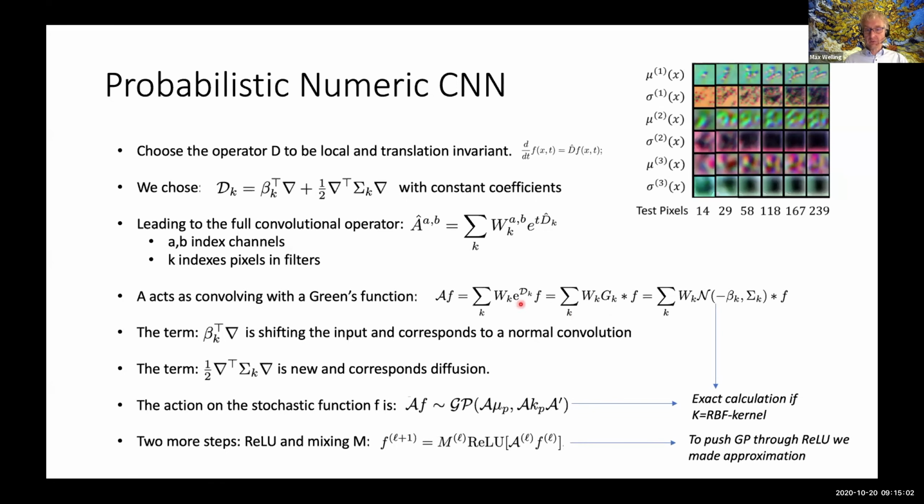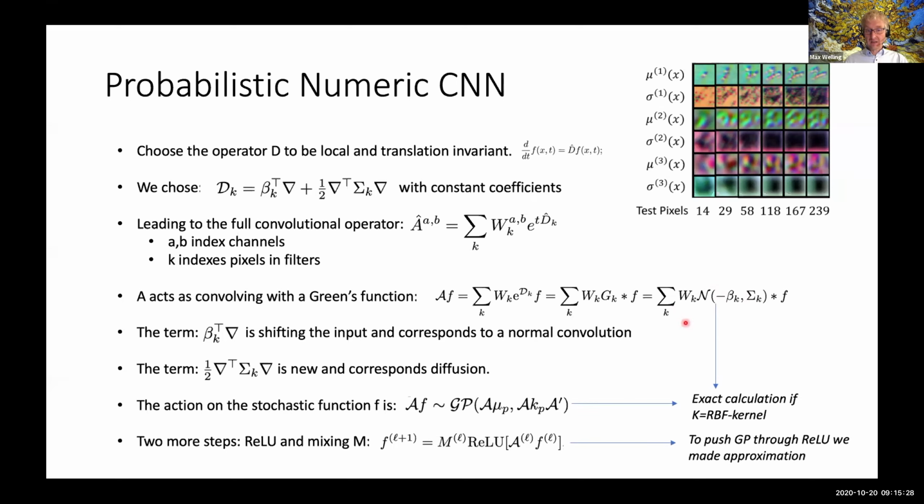And it basically boils down to first computing this Green's function g, which for this operator is actually known. This is just a Gaussian operator with a shift beta and a covariance sigma. Right, and then we sum over these k indices, which are the different offsets and sigmas, and then we take this as our kernel with which we convolve f.